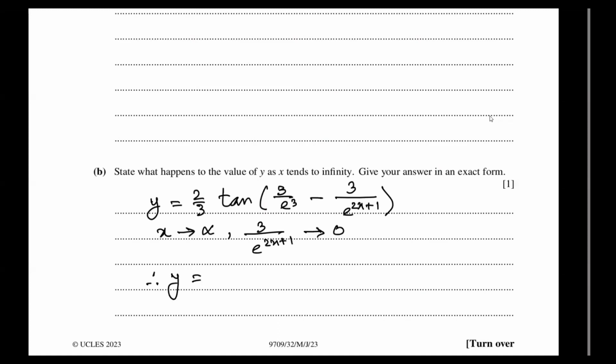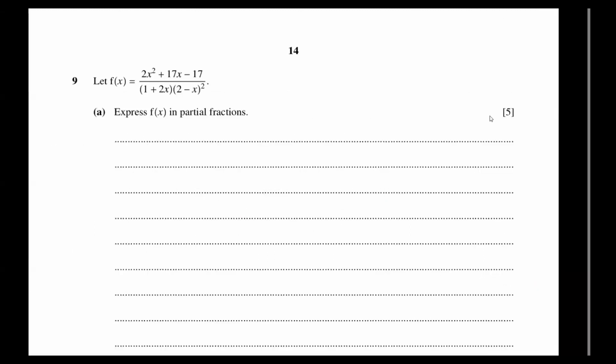Then y becomes 2 by 3 tan of p by e cube. So y approaches this value, 2 by 3 tan of p by e cube. That's it, and you have to give your answer in exact form. So this is the answer. So that's part B. Now let's move on to the next question.